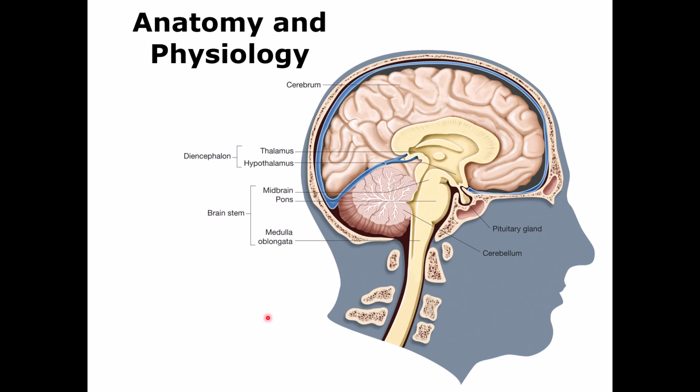This is a different part of the brain. So the brain is divided in a very simple form into 6 different parts. One is the cerebrum. So this is the largest part of the brain. There are 2 hemispheres, and I will come back and talk about each part separately. Then the second part is called the diencephalon.